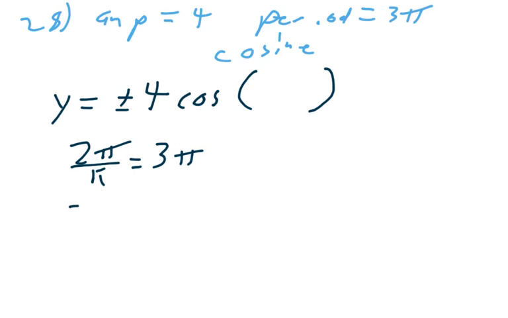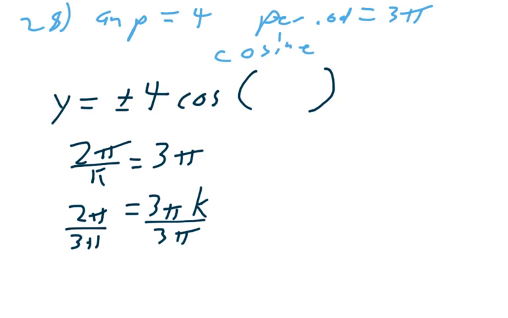So multiply both sides by k, and you get 2 pi equals 3 pi k, and then divide both sides by 3 pi. The pi's cancel, and so k is equal to 2/3 x or theta, whichever one they decide to use.